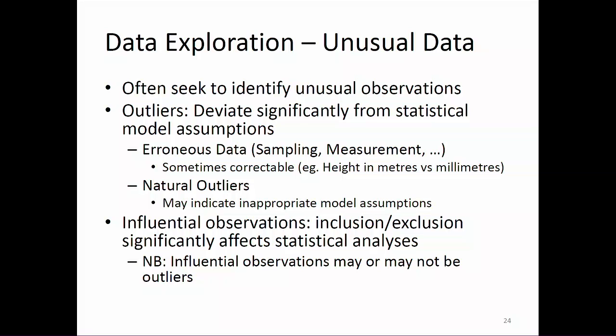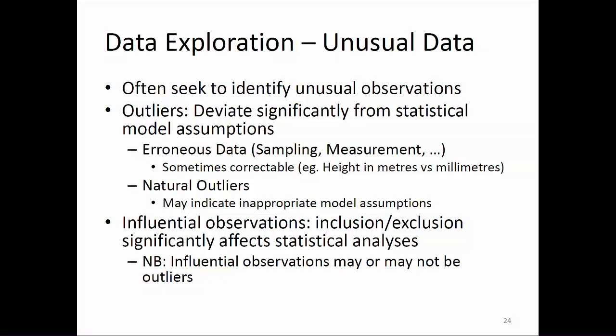Or is it a true yet unusual observation, and maybe you want to follow up for a different reason? Right? Maybe someone is an exceptionally good athlete. So if we had Usain Bolt or something in this room, we asked everyone to run 100 meters and recorded their time, there would definitely be an outlier, but it would be a natural outlier, right? And you might say, okay, wow, I've identified the next great sprinter.